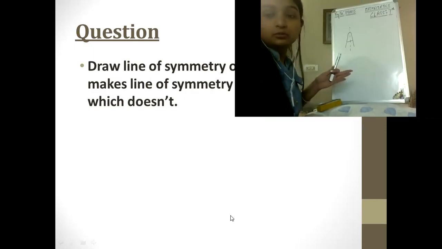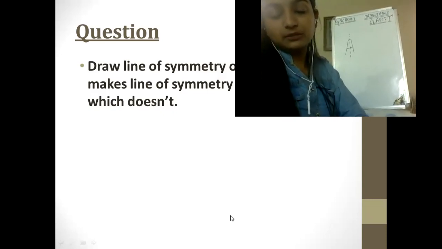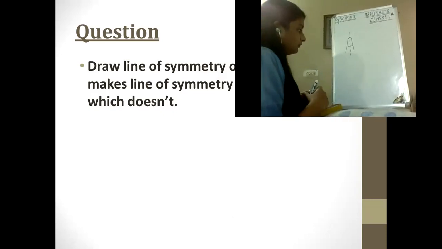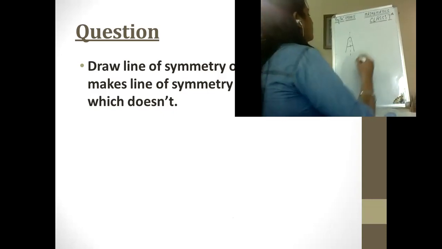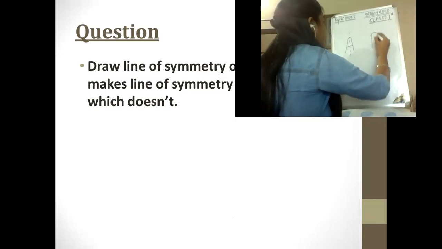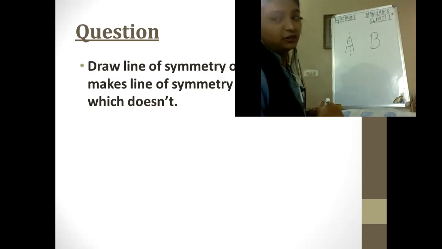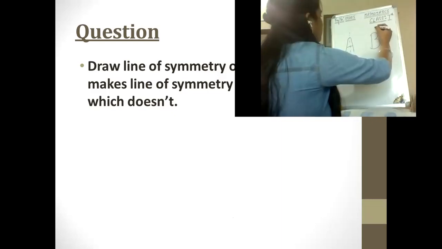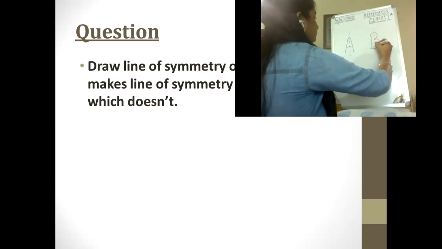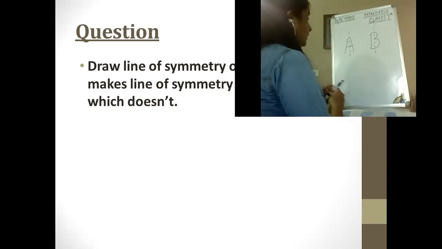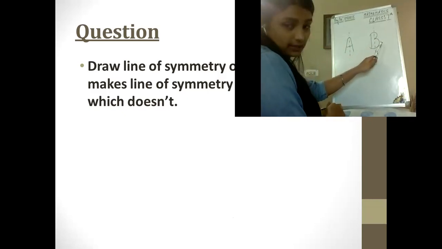What about the others which are not making a line of symmetry? Which are these alphabets? We have to find those as well. Let us suppose we are writing alphabet B. Now what about the B? Is it making a line of symmetry or not? We will find the line in between it. Now you see, is the left hand side equal to the right hand side?